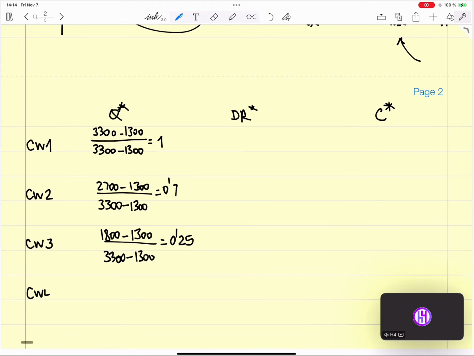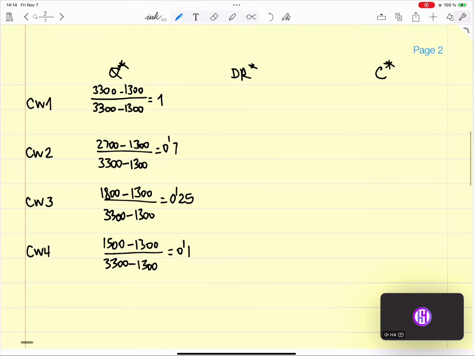Then the calendar week 4, we have 1,500 minus the minimum value divided by 3,300 minus the minimum value. This delivers 0.1. And calendar week 5 is 1,300 minus 1,300 divided by 3,300 minus 1,300, and this delivers 0.